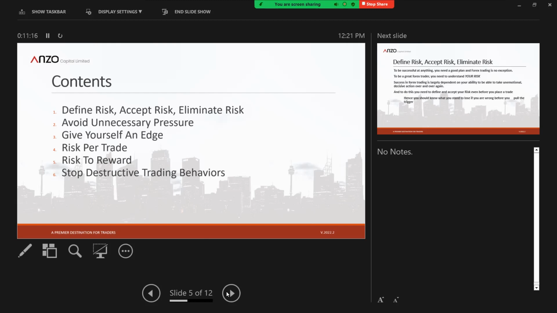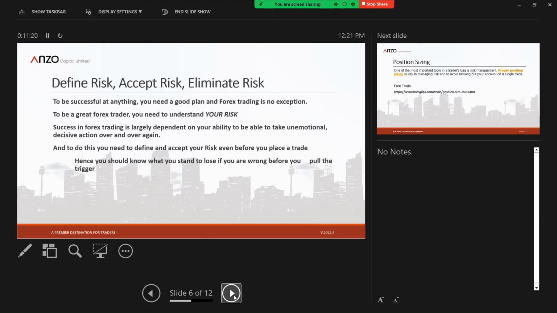Let's begin by looking at risk. Now, this is the one topic that most traders don't like to hear. I can guarantee you that most of you who saw what strategy class this was came here for the sole purpose of learning a strategy. Oh, if I learn this strategy, it will make me money. Right? That's what people think is important.